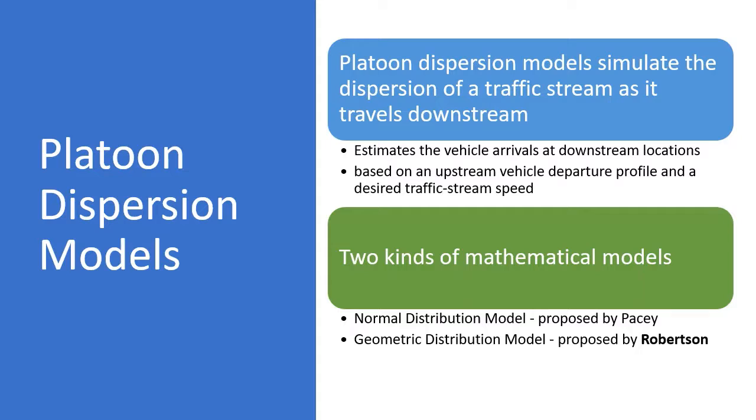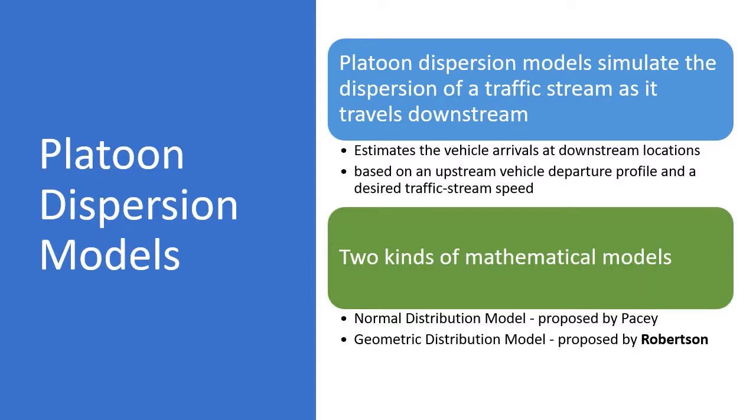Platoon dispersion models simulate the dispersion of traffic as it travels downstream. We can estimate this by knowing two things. The vehicles are reaching the downstream side from the upstream intersection, right? First of all, we need to know the vehicle arrivals at downstream based on the vehicle departure from the upstream intersection.